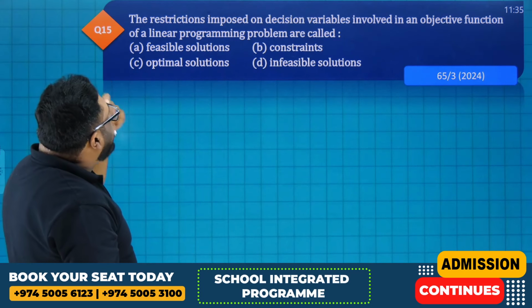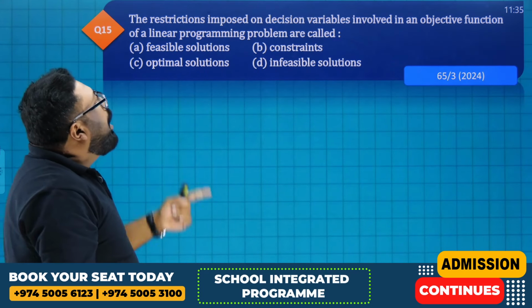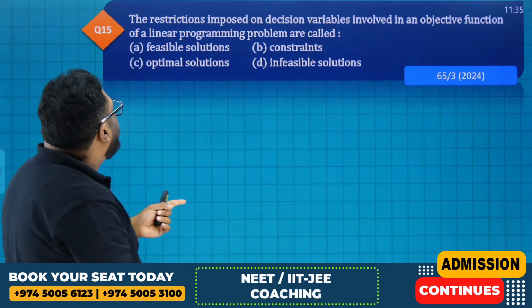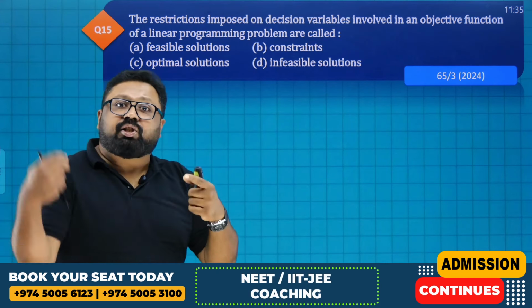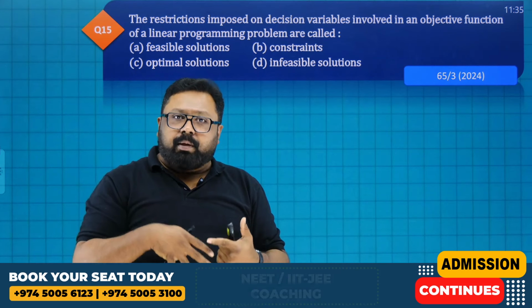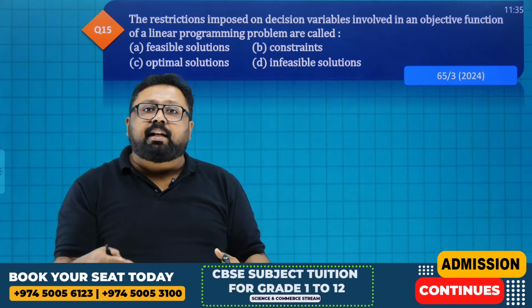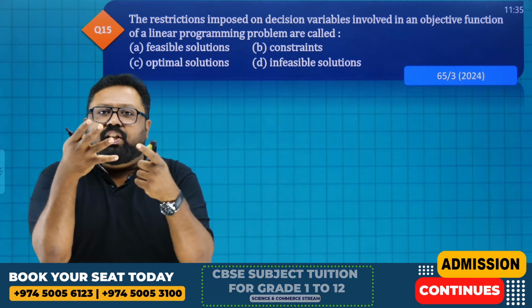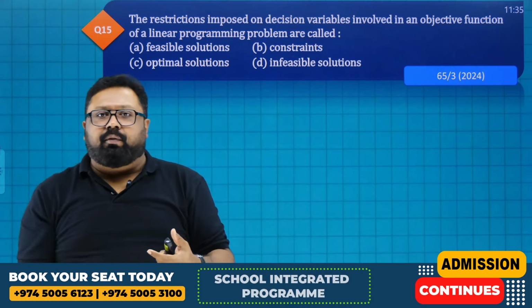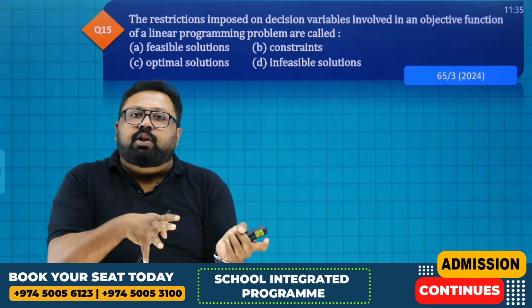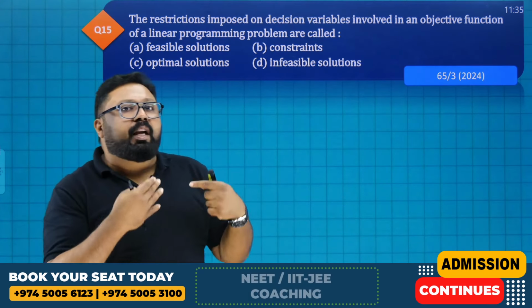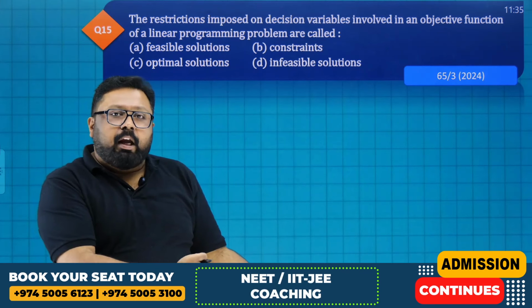Next question, my dears. The restrictions imposed on the decision variables involved in an objective function of a linear programming. Restrictions means we are calling it as constraints. Correct? What restrictions are we imposing on the objective function? We are substituting the corner points in the objective function. Corner points are given by the feasible region.